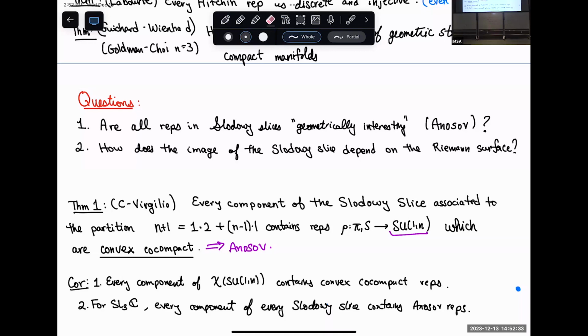So this says that every component of every SL3C Slodowy slice contains these geometrically interesting representations called Anosov representations. Any questions on the content? How does it one partition? You'll see. It doesn't. It's okay, you'll see.